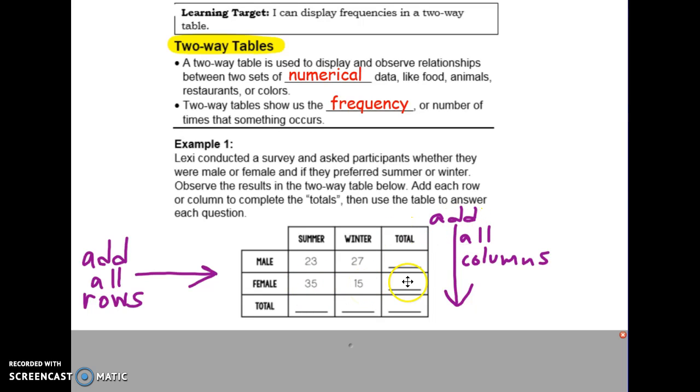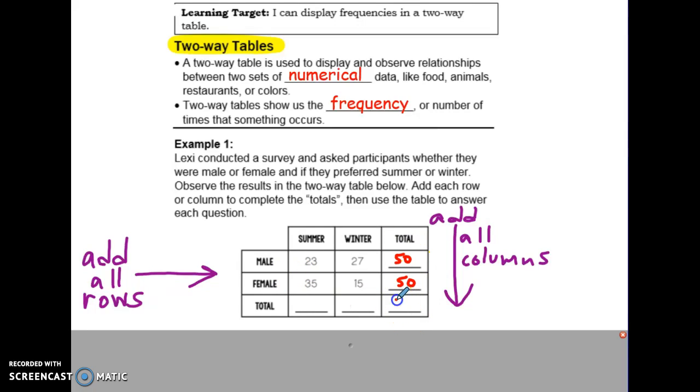Your job is to total up all the columns and total up all the rows so that you have some more data to look at. So I'll join you in just a second. 23 and 27 is 50 going across this row. And let's see, we have 35 and 15, which is also 50. So she talked to just as many males as females.